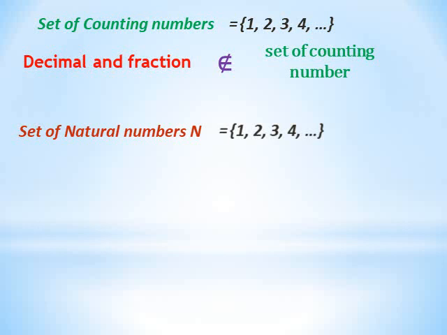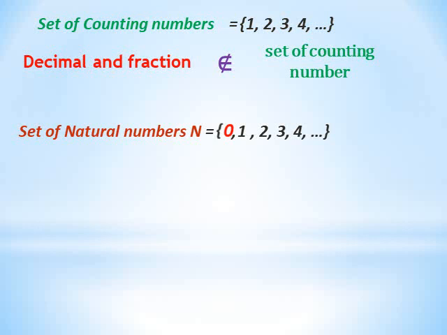Natural numbers, the difference between the counting numbers and natural numbers: natural numbers have zero. Do you see it? It comes and stands in its place here. So natural numbers are formed by 0, 1, 2, 3, 4, 5, and so on.